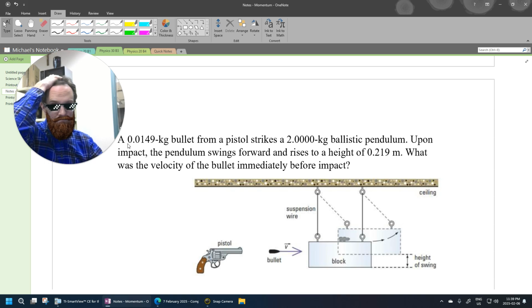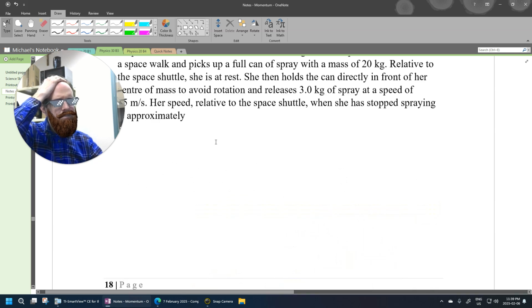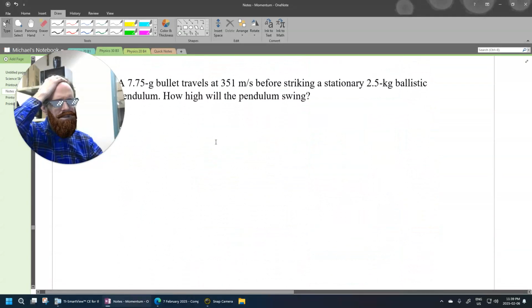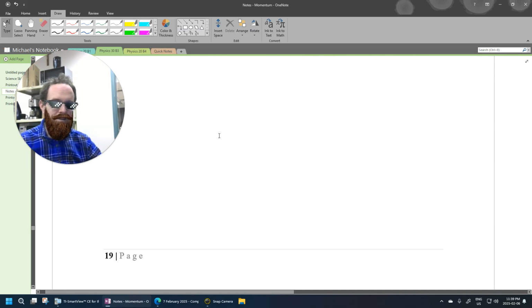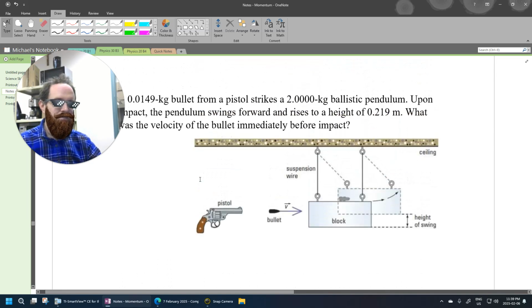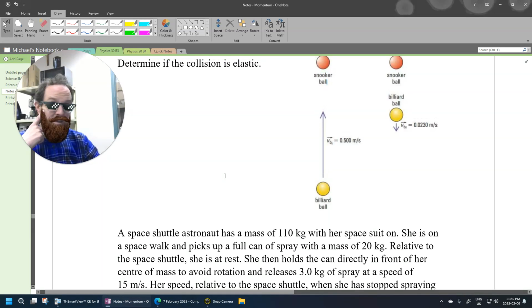I don't know how much time is left in class because you wrote a quiz. This is about 40 minutes so far. You could try these other questions here. But when you get to this ballistic pendulum, on page 19, I'm pretty sure if you really think about it, you can try to figure it out. We'll come to this ballistic pendulum when I get back on Monday. Hopefully, cross my fingers, I'm back on Monday.